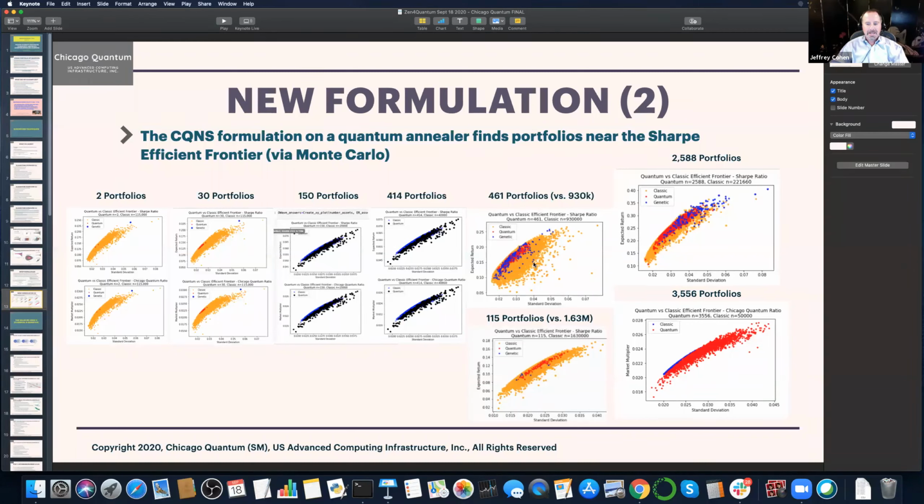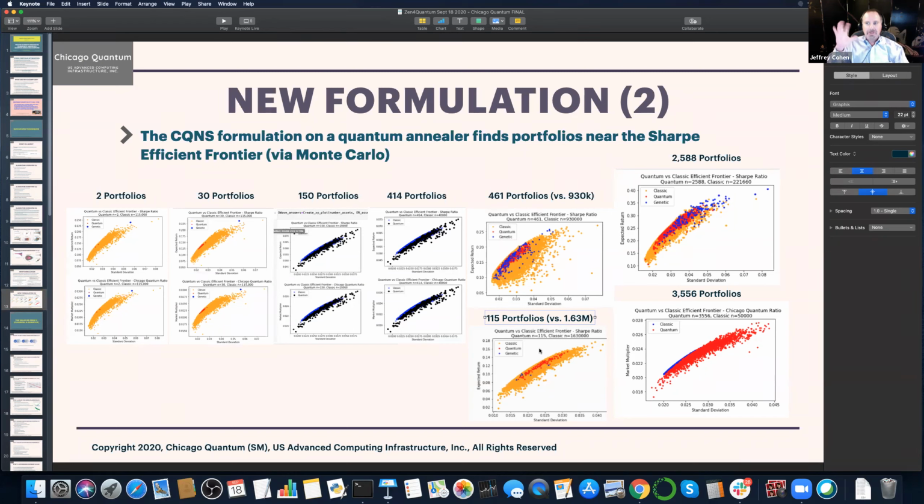In fact, this last picture, before I hand it over to Alex: we ran 115 quantum portfolios versus 1,630,000 Monte Carlo. The good news is that all three methods, generally speaking, found about the same solution. It's amazing how the red, the 115 solutions, was close to the efficient frontier along the range of standard deviations you would expect.